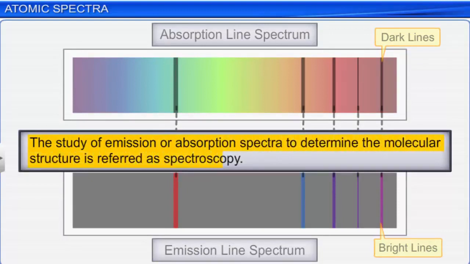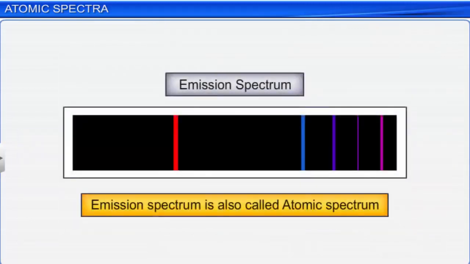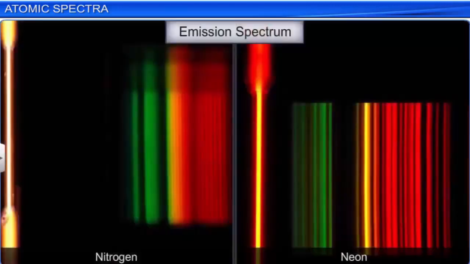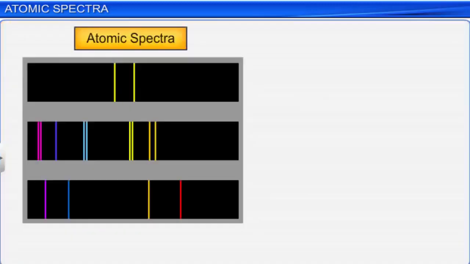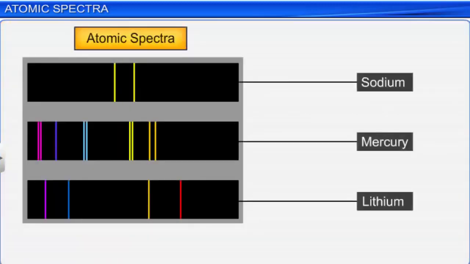The emission spectra is also called atomic spectra, sometimes because each atom has a unique emission spectrum, just like each human being has unique fingerprints. The characteristic lines in atomic spectra can therefore be used in chemical analysis to identify unknown atoms.